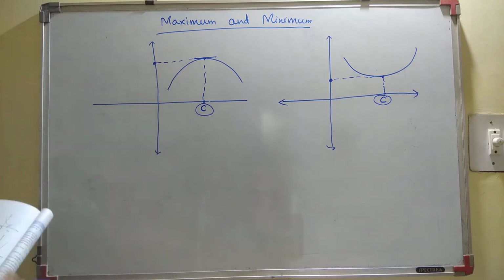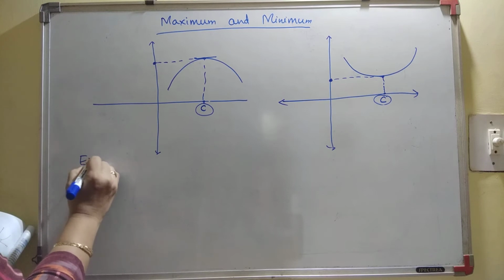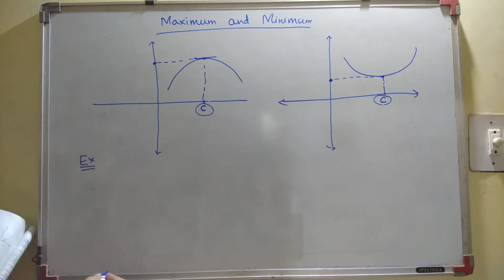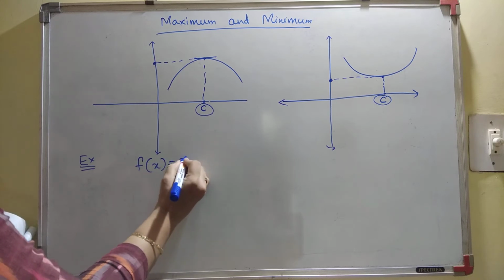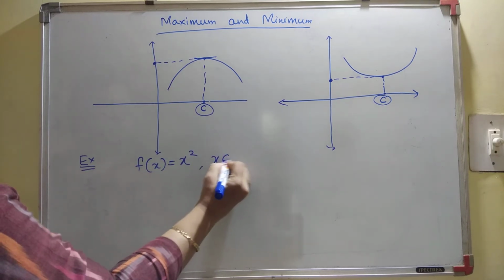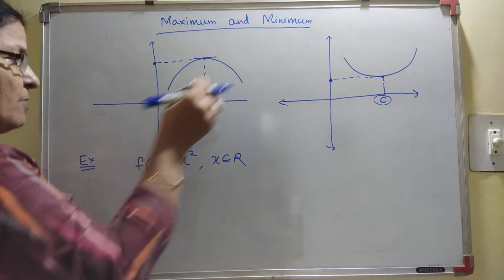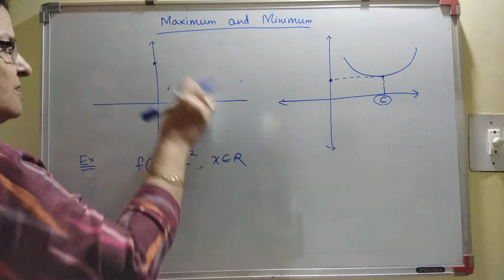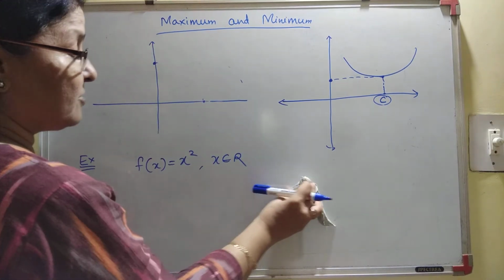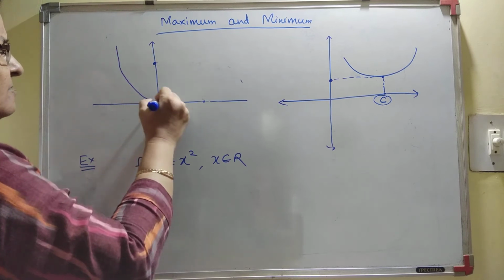So these graphs are already drawn. For example, find the maximum and minimum values of f of x equal to x square, x belongs to R. This is a polynomial function, and you know the graph is a parabola.